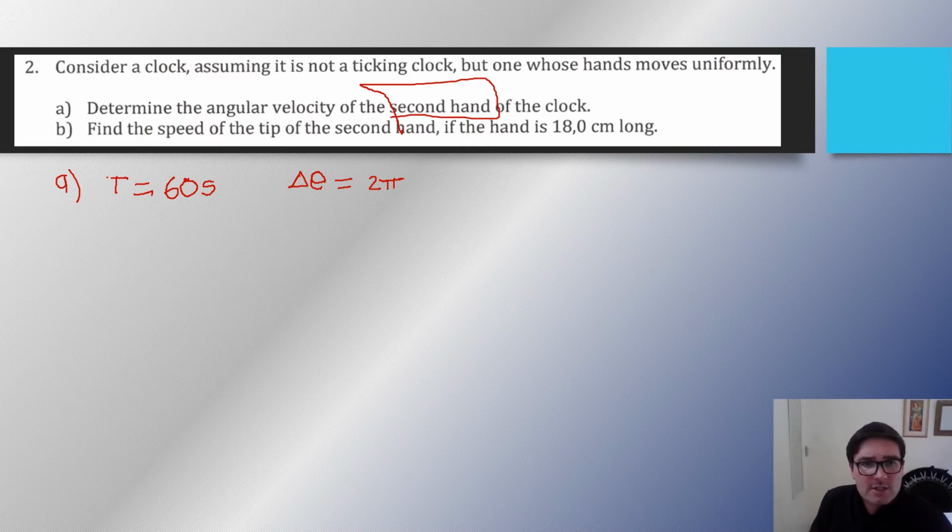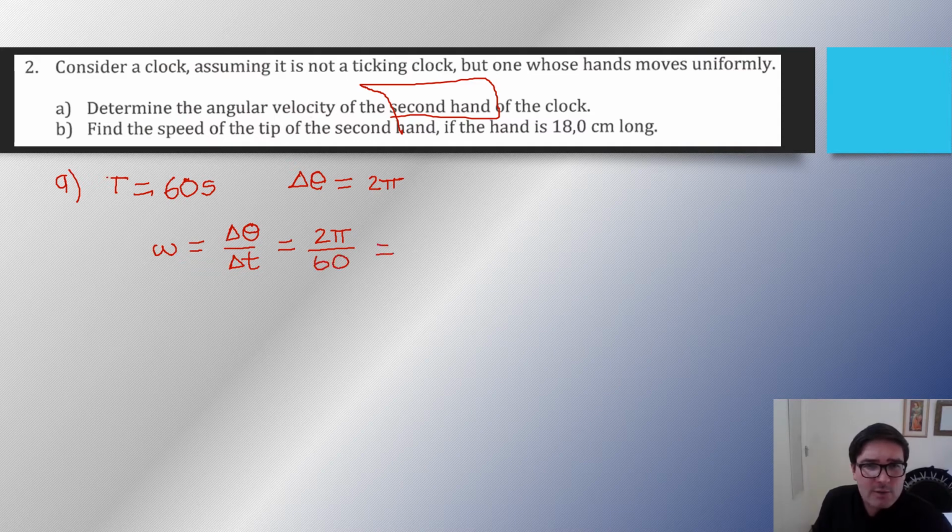So our angular velocity is our rate of change of angular position. That is the formula we have for that. In this specific case, it is the one full revolution of 2 pi divided by the full time, which is the period of 60 seconds.